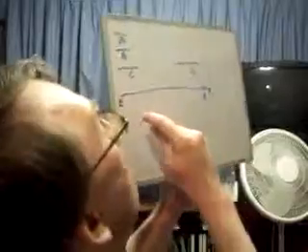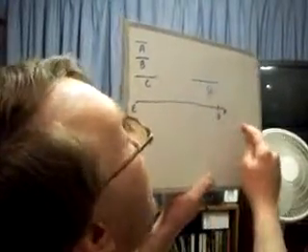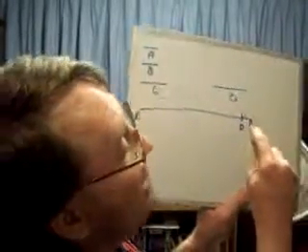So now what we're saying here is that if G measures DE and G measures EF, then G would also have to measure DF, which is absurd, because nothing measures 1.